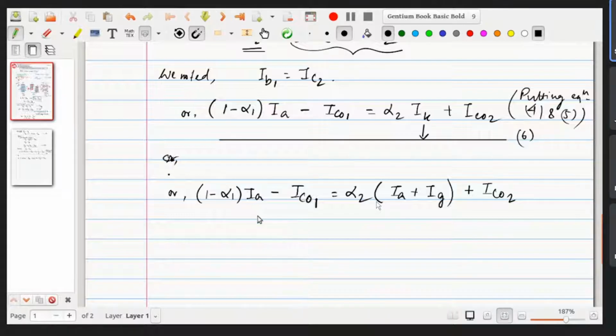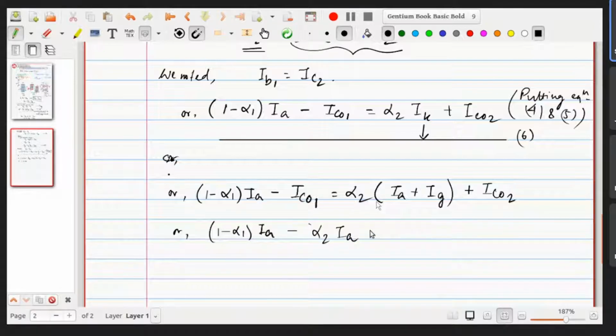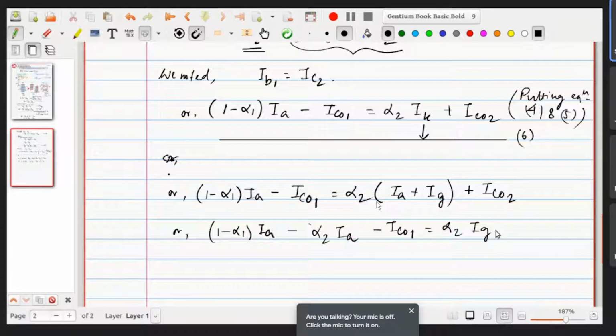So now if we take the anode currents together, then what we have, (1 minus alpha 1) IA minus alpha 2 IA minus ICO1 is equal to alpha 2 IG plus ICO2.